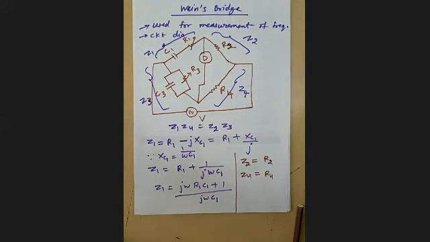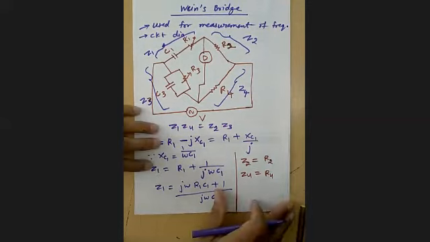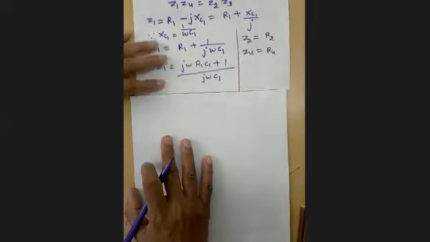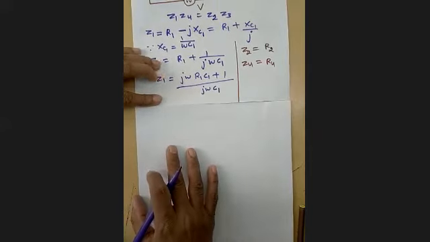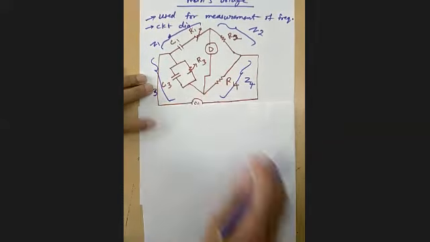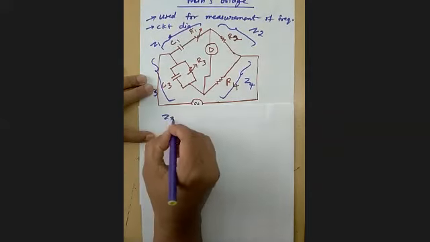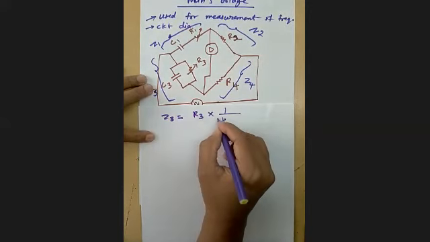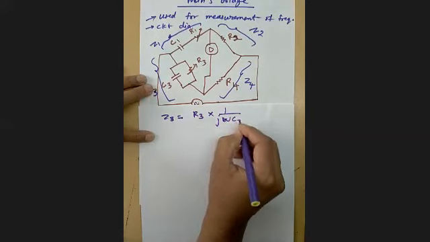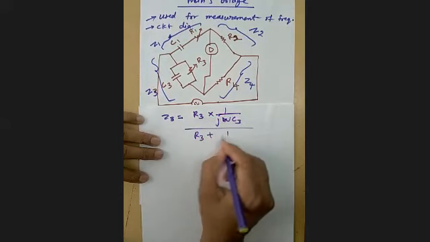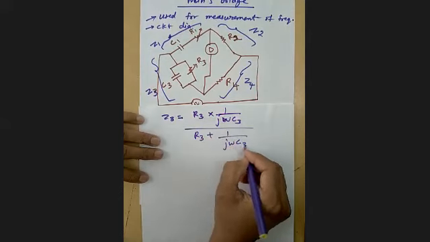So capacitor C3 and resistance R3 are in parallel. I'm taking this parallel combination here. So Z3 is equal to R3 multiplied by 1 by j omega C3, divided by R3 plus 1 upon j omega C3.